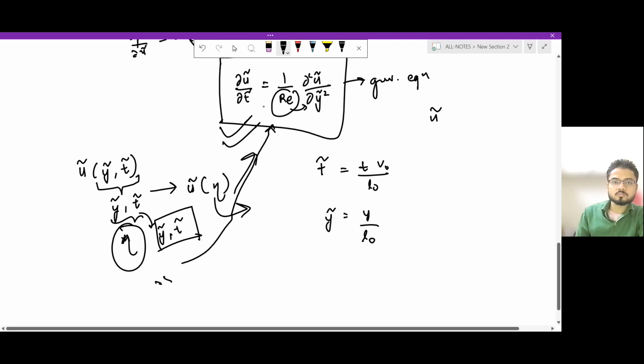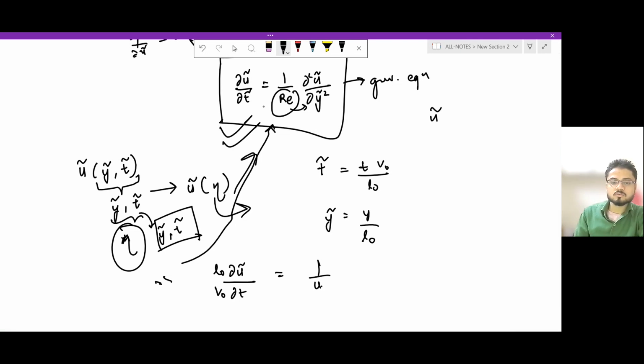Okay, so this becomes ∂ũ/∂t times V₀, and L₀ comes up. 1/Re can be written as V₀L₀ divided by ν, that is the kinematic viscosity.